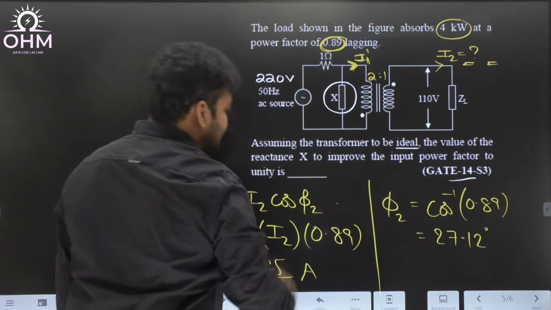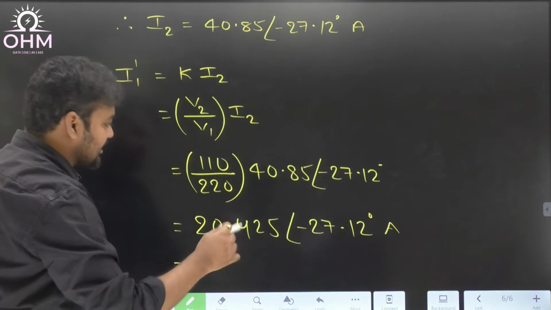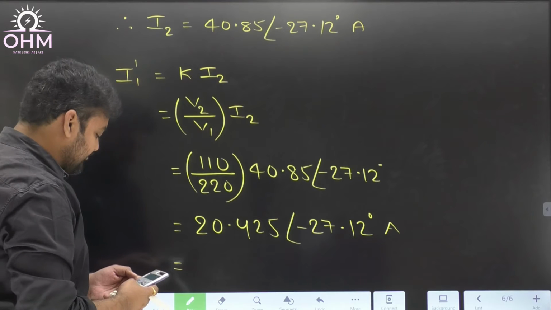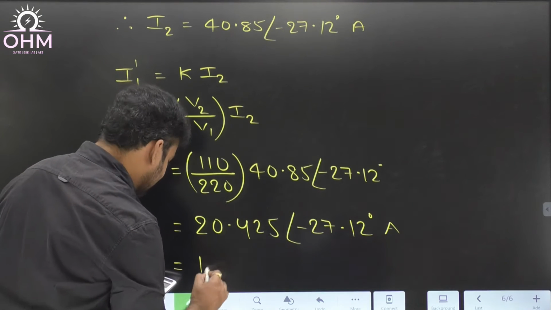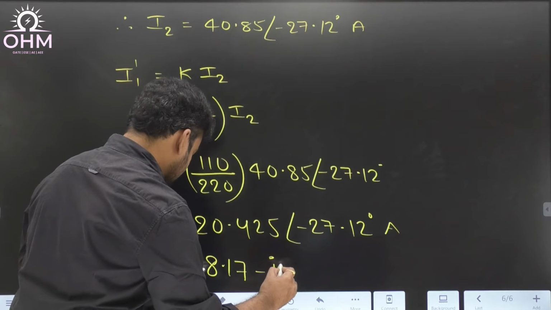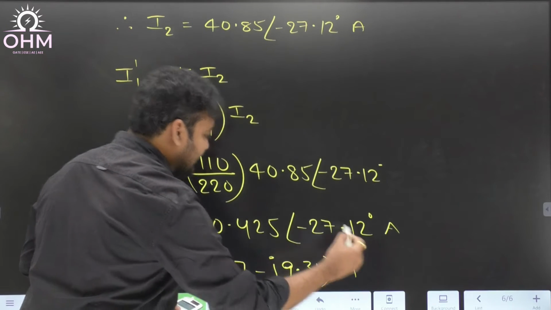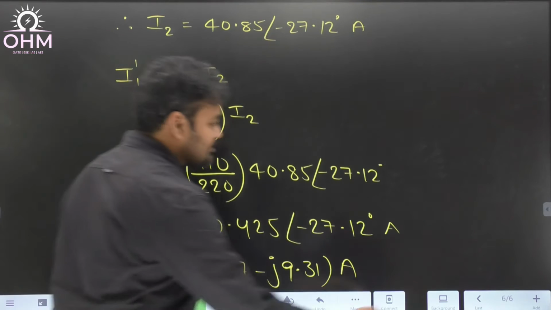Now if I draw the circuit once again, remember, let me divide this current into rectangular format. Yes, the real part will be 18.17 minus j 9.31. So this is the rectangular format of representation. Now let us draw the circuit.